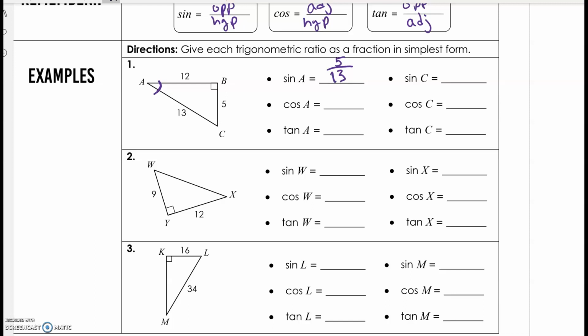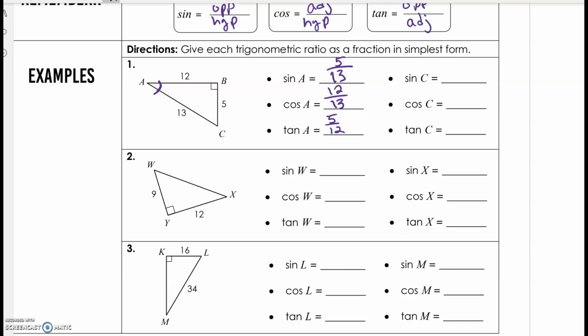This time we look at the leg that's adjacent, which is 12, over the hypotenuse, 13. Tangent of A, we're looking at the opposite leg, 5, over the adjacent, which is 12. Now keep in mind, adjacent leg and hypotenuse are two entirely different things. Just because the hypotenuse is touching the angle, it is not the adjacent leg that we're looking for.